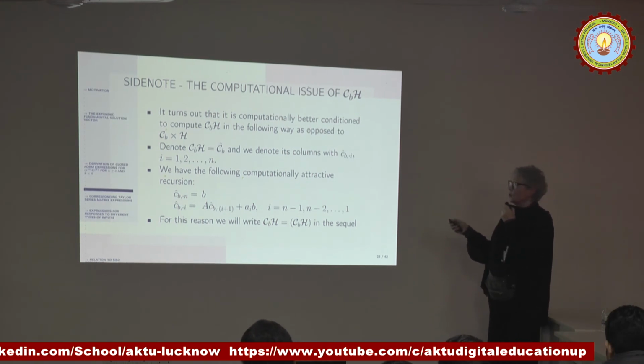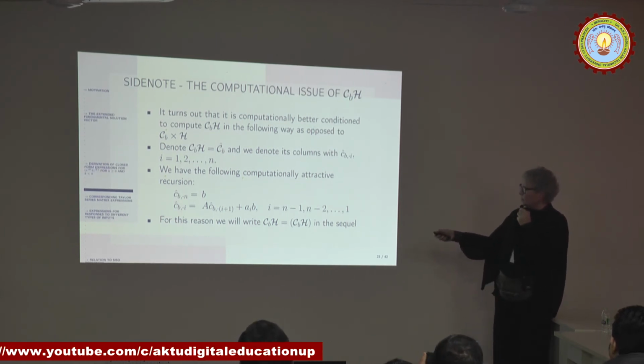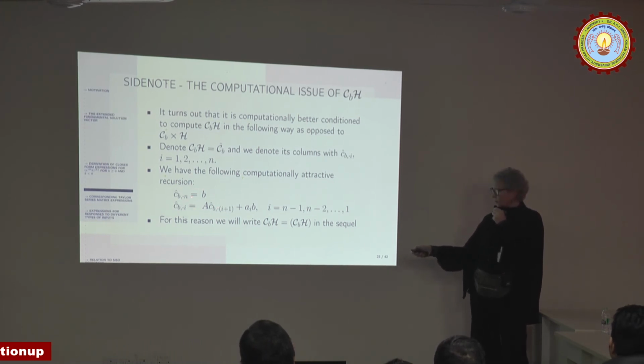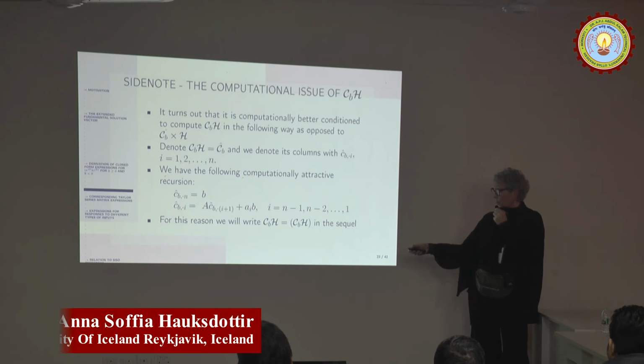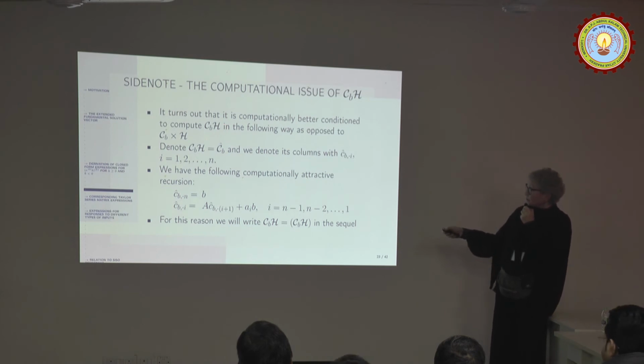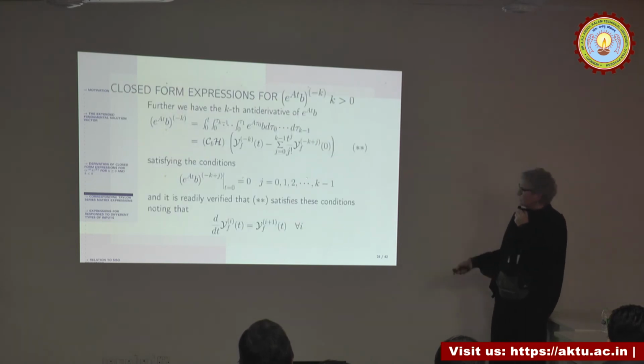The computational issue of the controllability matrix times the Hankel matrix is that it's better to do it in a recursive algorithm like this. So we begin with B, and then we move through with the A matrix and the coefficients of the characteristic equation and the B vector to form all the other columns in this product. So that's why we write it like this in the algorithm. So we don't compute this times that, we compute it in this way.